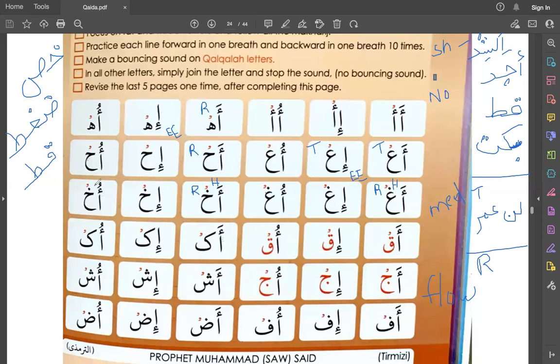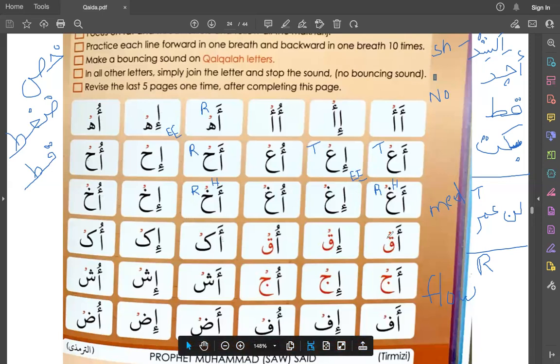For dhamma, circle your lips, and as soon as you touch kha, keep your lips in a very straight, natural and normal position. The sound should flow because this belongs to rakhawa.